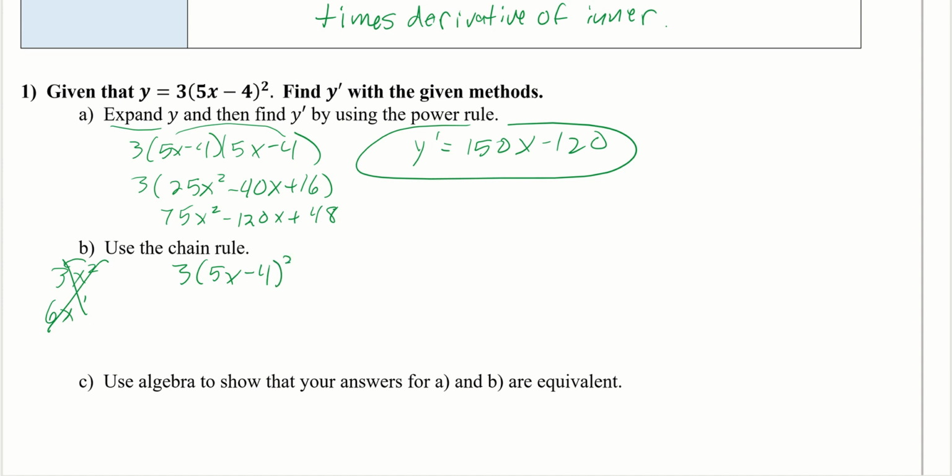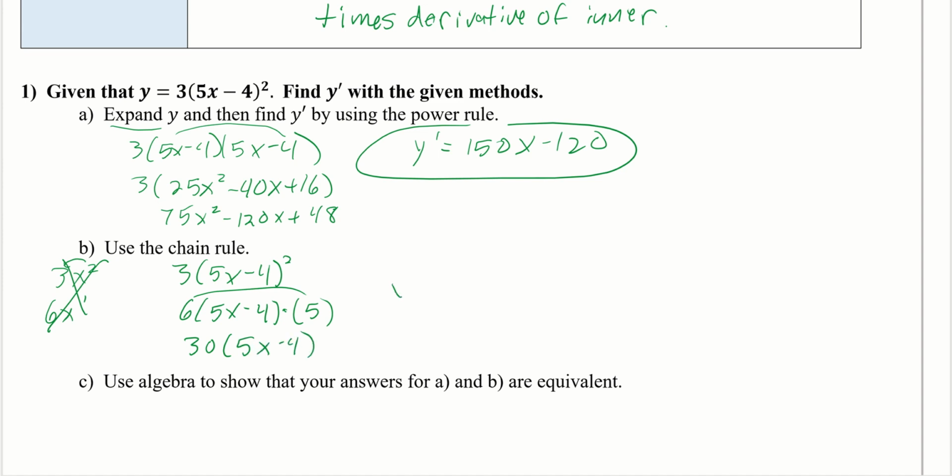So bring the 2 down, so we have 6, keep the inside exactly as is, and subtract 1 from the exponent, so now it's just a 1. Then times the derivative of the inside. The derivative of the inside of the parentheses is just 5. You could do it any way you want. This would be 30, so if I multiply those two, 30 times 5x minus 4.